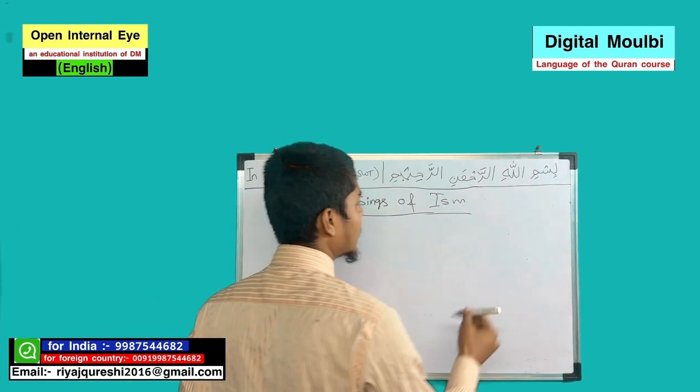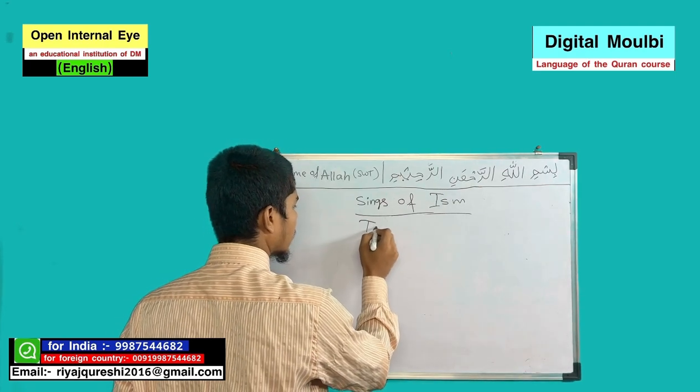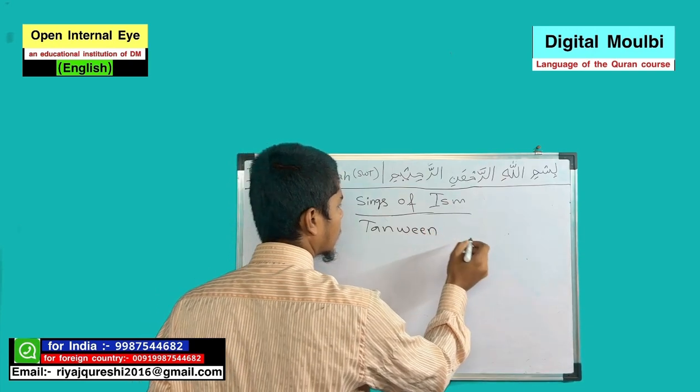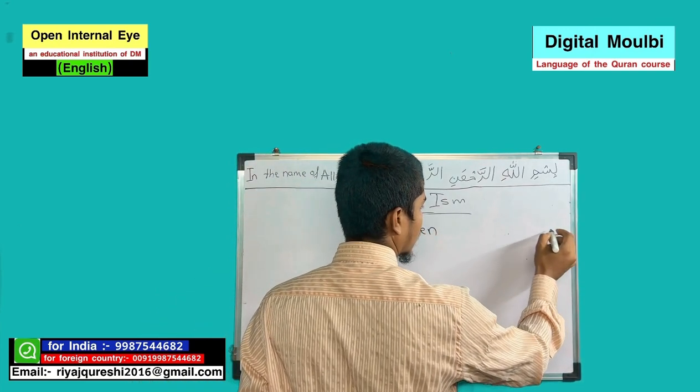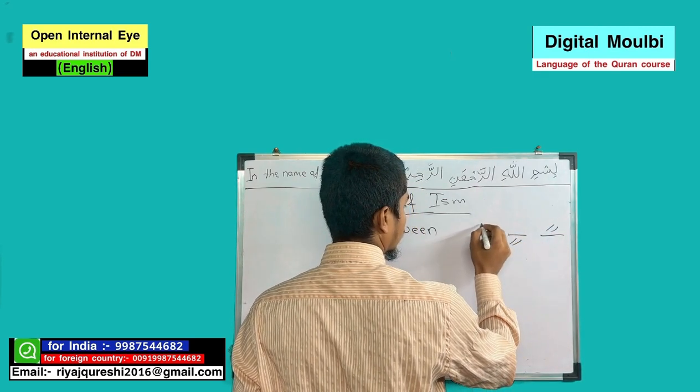And the number 2 sign is tanween, like do zabar, do jer, and do pesh.